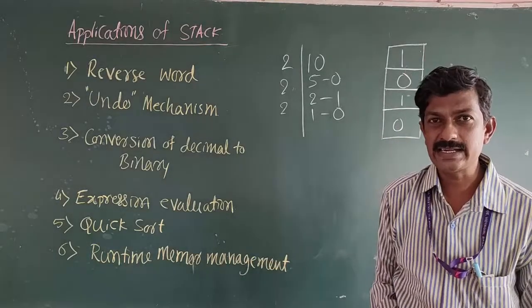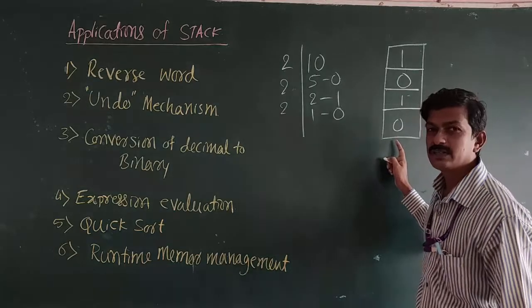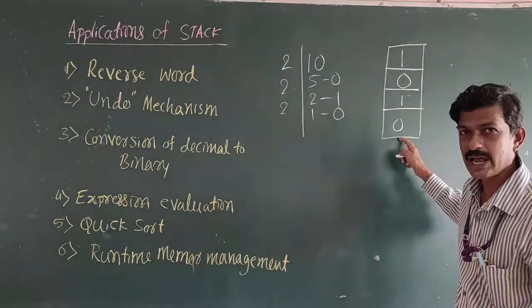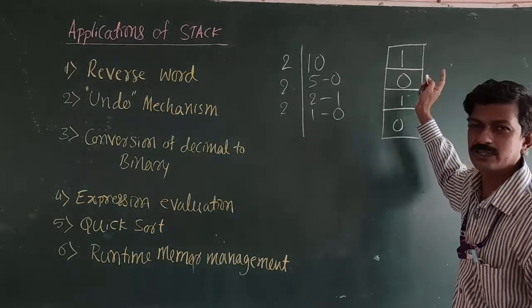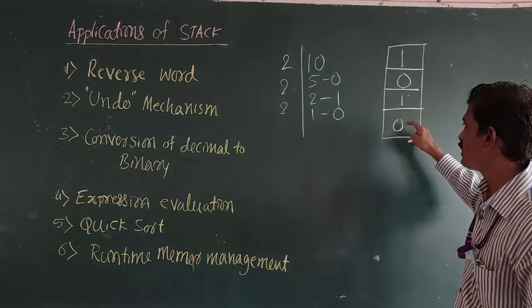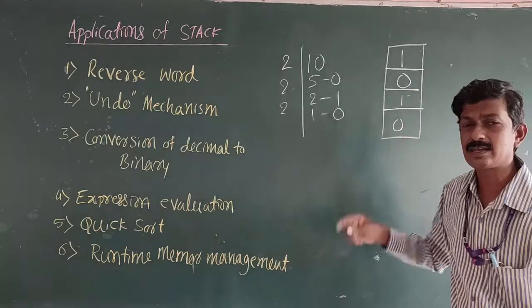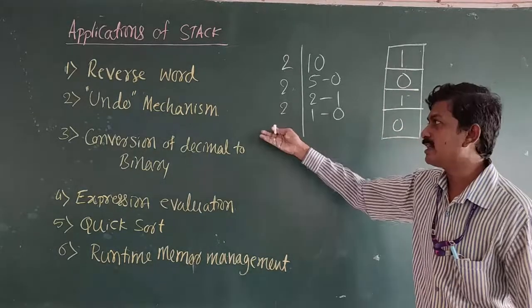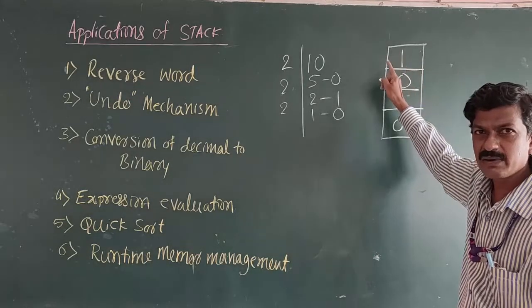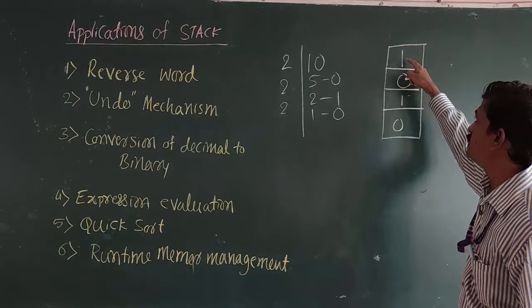Then how can I get this binary converted value? Simple. Whatever values we pushed to the stack should be popped. When we complete popping all these remainders from the stack, we get the converted binary value. Let us pop these remainders one by one.